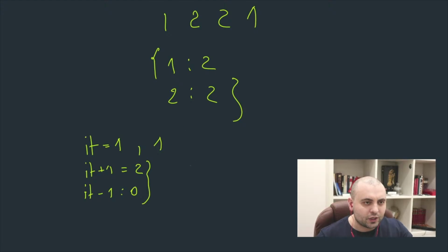The next stage, we will check how many items, how many complements of 2 do we have in the system.